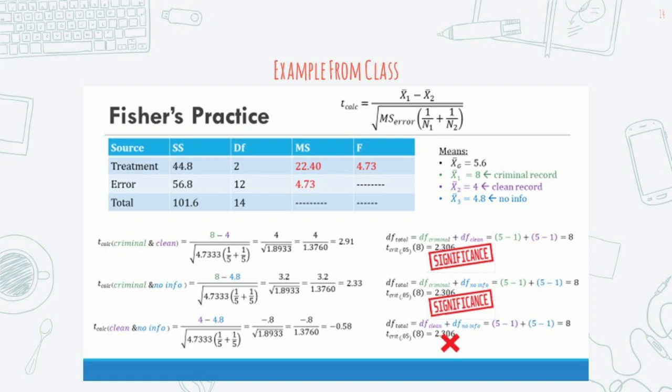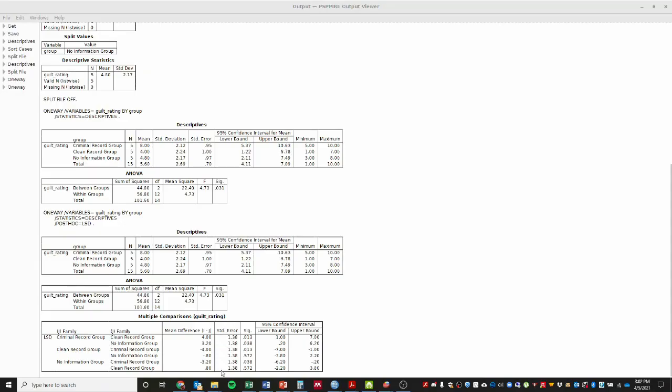So that's the equation for standard error. In our case, the n's for all of the groups of 5 were consistent, and the mean squared doesn't change. So all of our denominators in our LSD equation are going to be the same, that 1.38, which again we will see in our calculations in class.